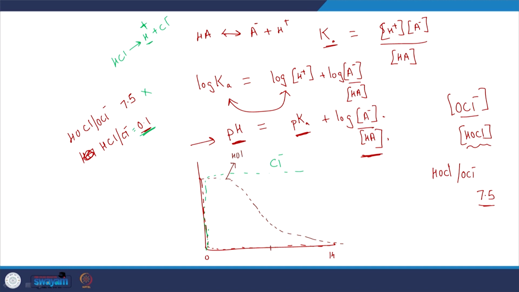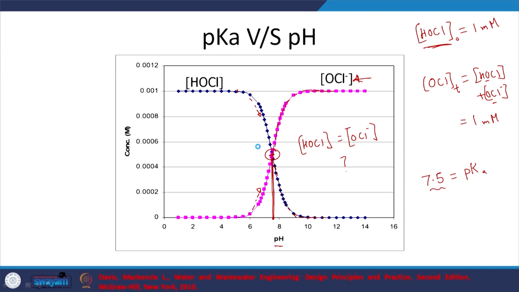Only at this point will it be equal to OCl minus. So, this point is 7.5. As we see, let us say at pH 3, all the HOCl is staying as HOCl. So, that is what we also see here. Let us say at pH 3, pH 4, maybe even pH 5, what is it staying as? HOCl is staying as HOCl, it is not giving out its H plus.